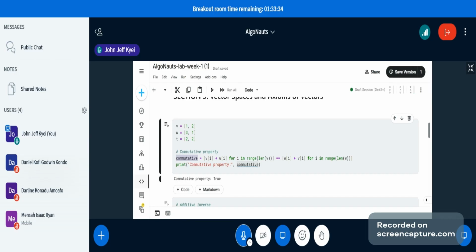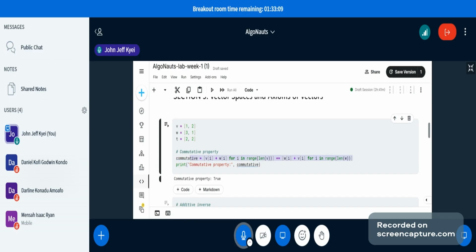So this is a Boolean operation, and a Boolean operation is just true or false. Once I put the variable in this form, the output is going to be either true or false, depending on whether it satisfies the condition I give in the variable.